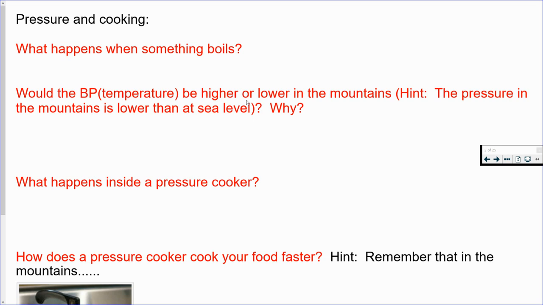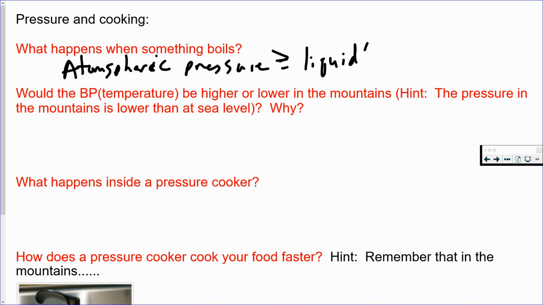Well, the atmospheric pressure, so that pressure, is equal to or greater than the vapor pressure of the liquid, or the liquid's vapor pressure.